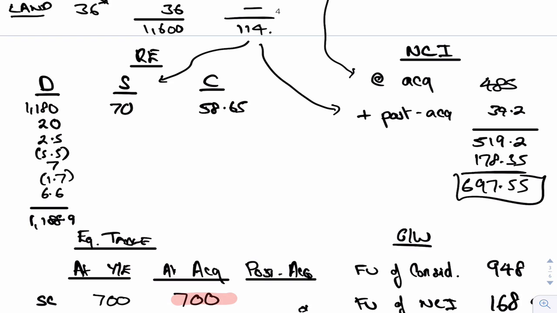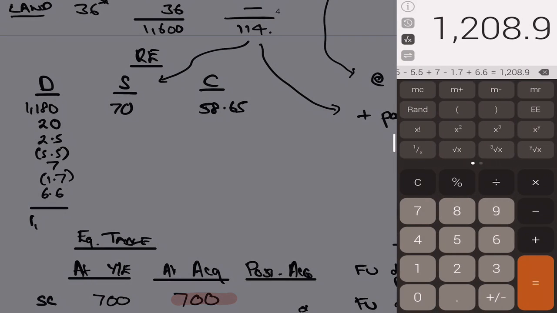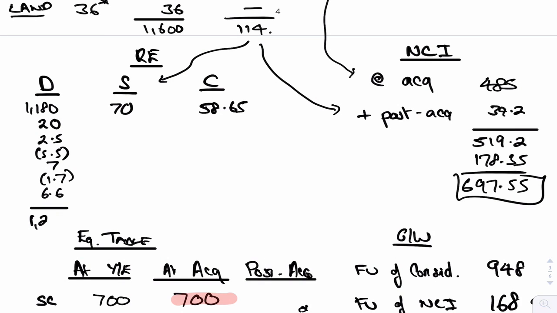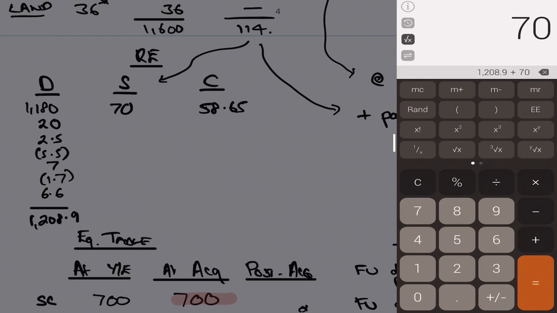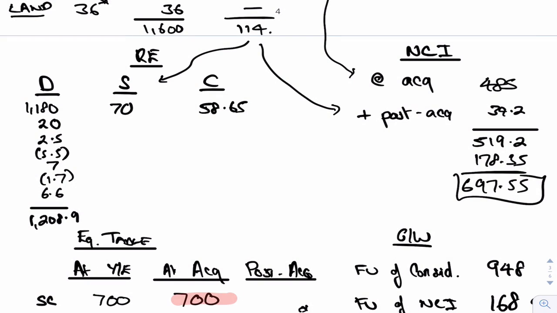Whoops, that's not 1188.9. I've got to add in the 20. So that's 1208.9. Then add on the 70, add on the 58.65, and you get 1337.55.